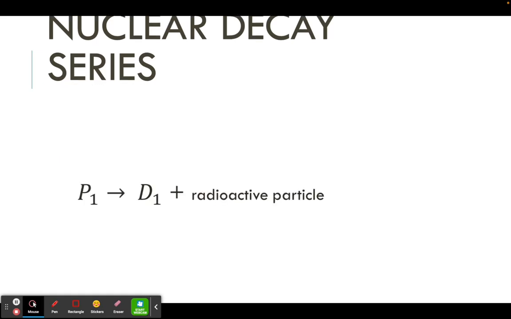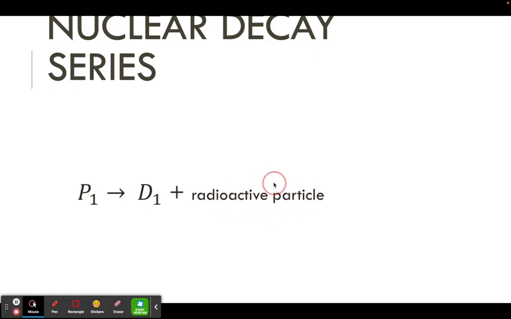In a nuclear decay series, like what we saw earlier in another video, you start off with what is called a parent isotope, so P1. Here's the beginning of our series. We begin with P1, parent isotope number 1, and that will decay into daughter isotope number 1. D for daughter, P for parent, plus some sort of radioactive particle.